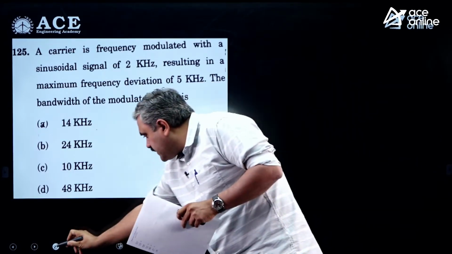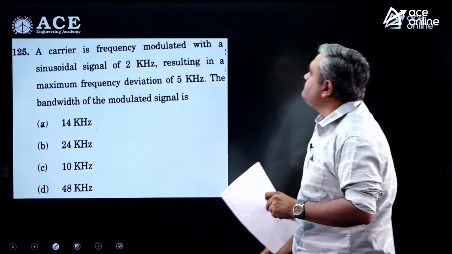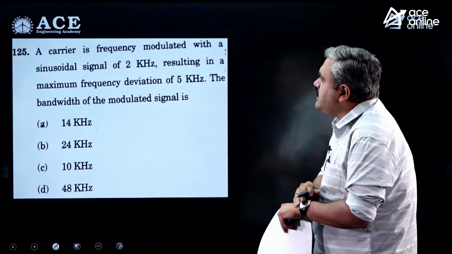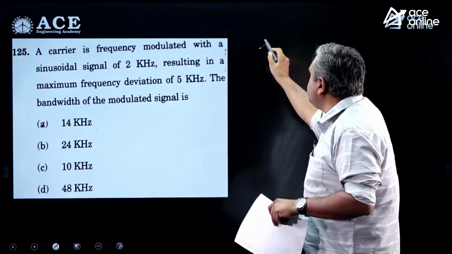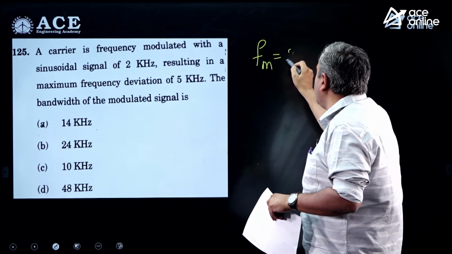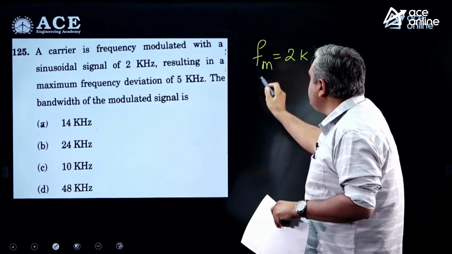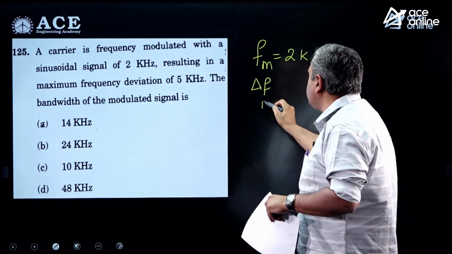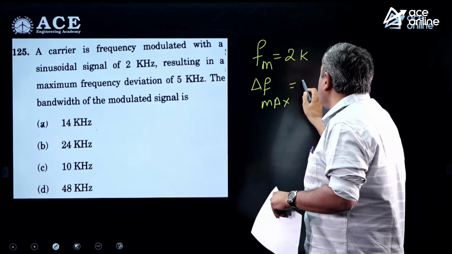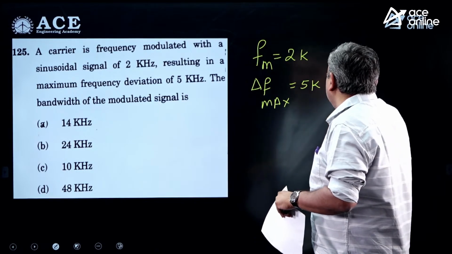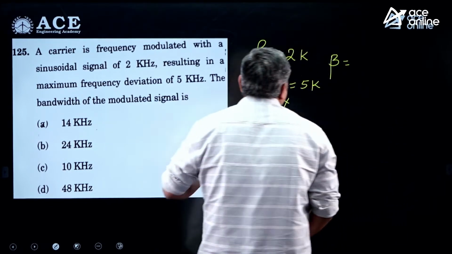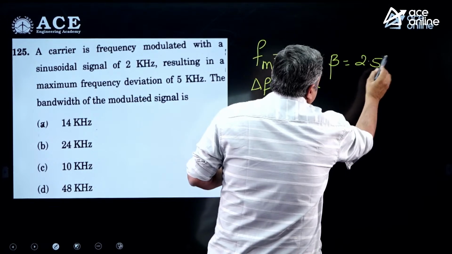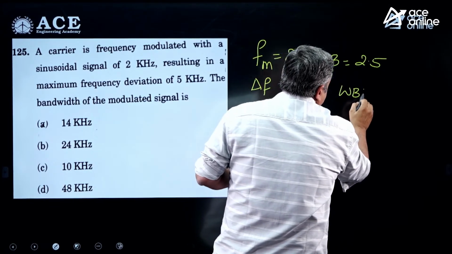See here, this is also a numerical based on FM systems. Carrier is frequency modulated with a single tone signal. So your frequency of message signal is 2K and maximum frequency deviation means delta F max is 5K. So straightforward the value of beta, delta F max by F max, will become 2.5. Because it is greater than 1, it is wideband FM.